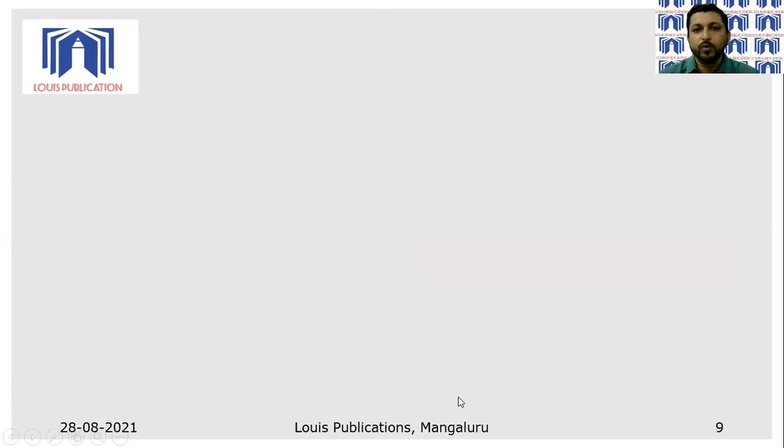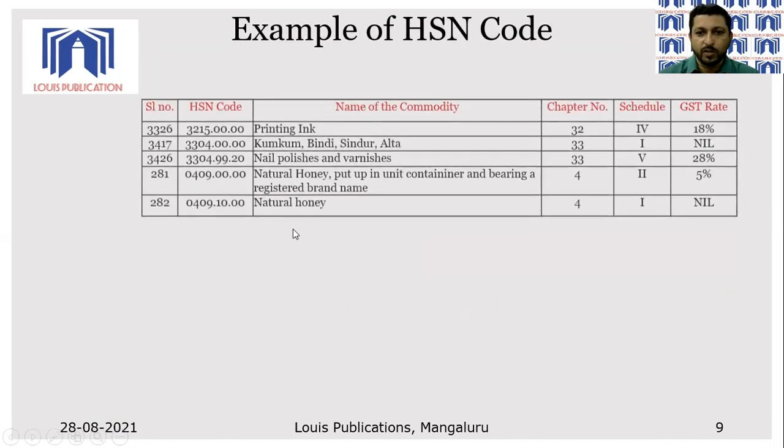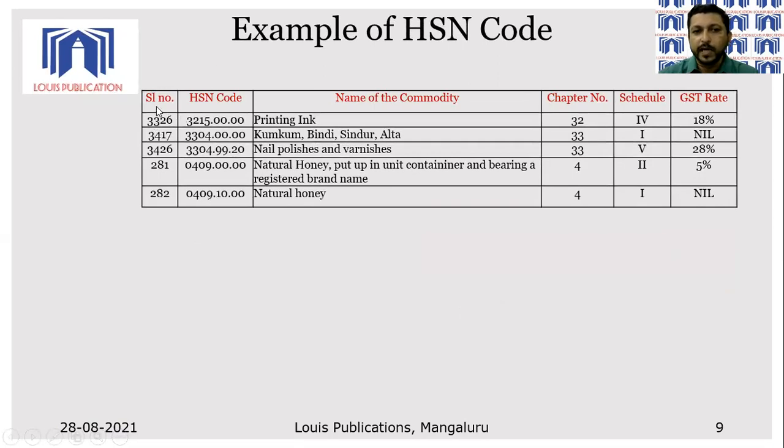So let's look at a few examples now of HSN code. Here you can see I have picked out some items randomly. This is the serial number of those items. HSN code, the name of the commodity is printing ink. See, HSN code, this is the heading 3215. This is the sub-classification, and this is the sub-classification.